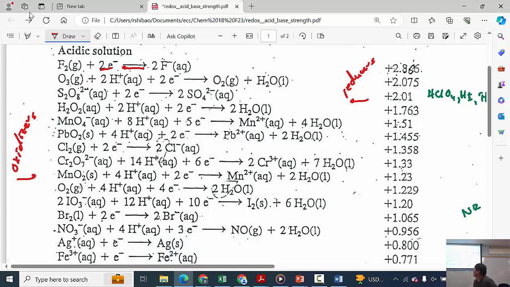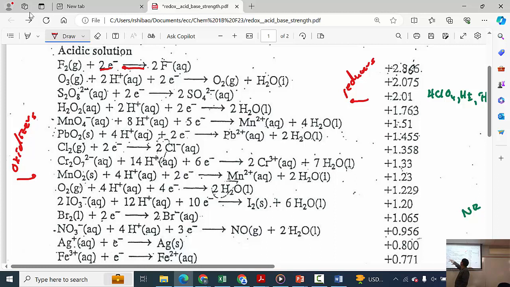No, because if fluorine oxidized fluoride, we'd form fluoride and fluorine, so there's no change. What we need is a more powerful reducer than fluoride, which in this case is anything below fluoride.